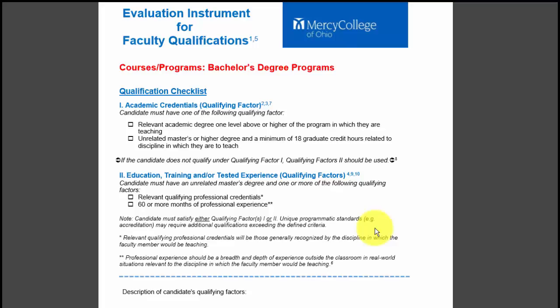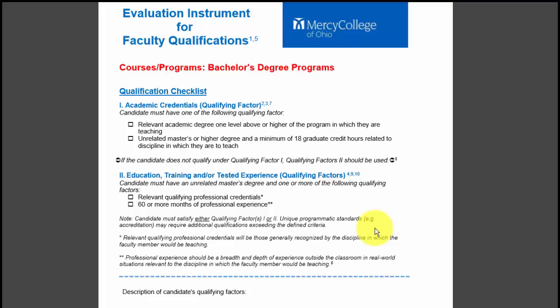If there are any tweaks or changes, then we'll have finalized documents for your review on October 7th. And then we would like those voted on by the entire faculty body at our next meeting, which is October 31st.